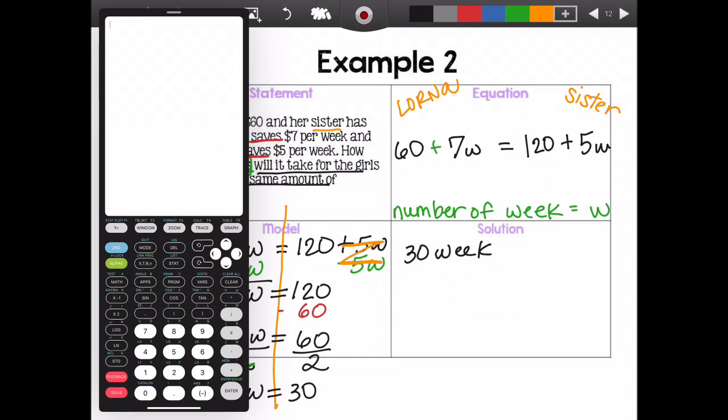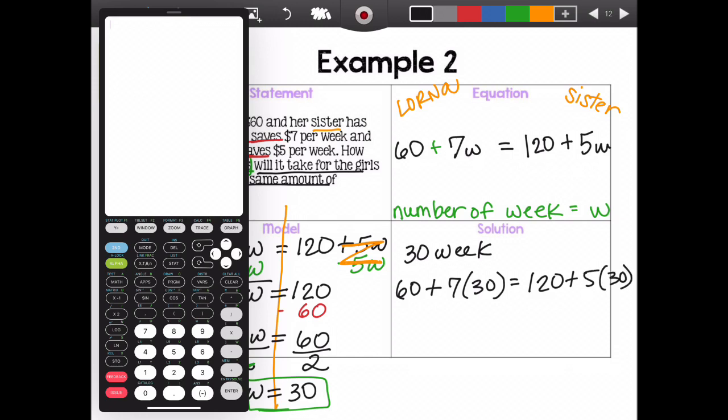So now I'm going to substitute, since my solution is 30 down here, I'm going to substitute 30 for the W's. So 60 plus 7 times 30 is equal to 120 plus 5 times 30, because that's where the W is.